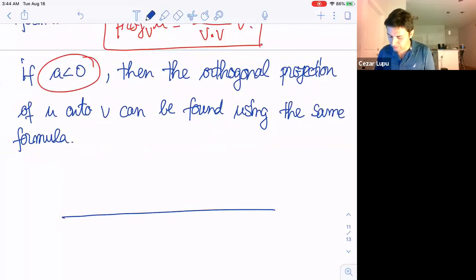Let me draw it so that you can understand it perfectly.